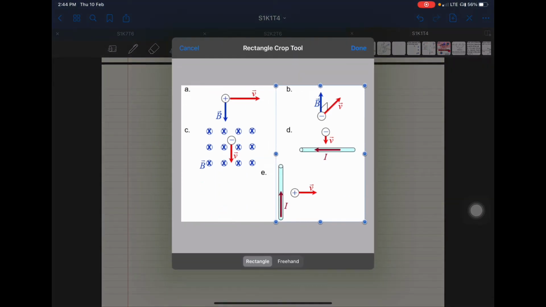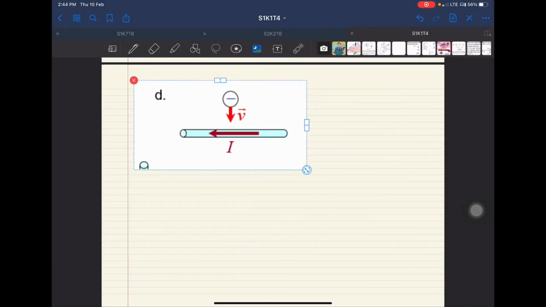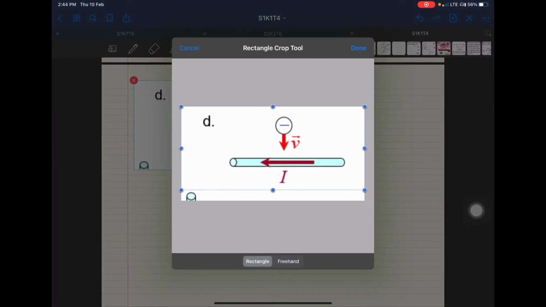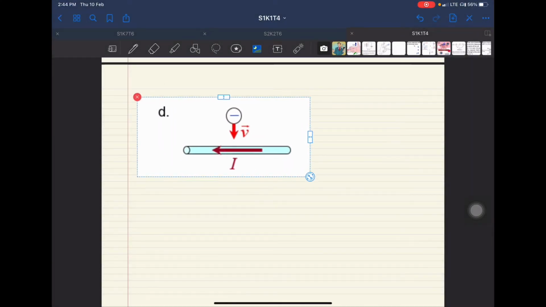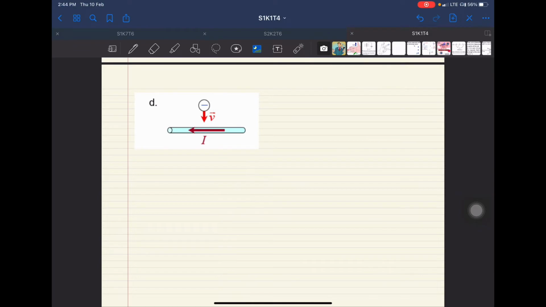Okay, let's try to look at question B here. They give you a current carrying conductor with a magnitude of current I, and then they ask you to find the force acting on the charge over there. Okay, so if you straight away want to use the slap rule, you don't have any magnetic field yet, so you have to determine the direction of magnetic field.